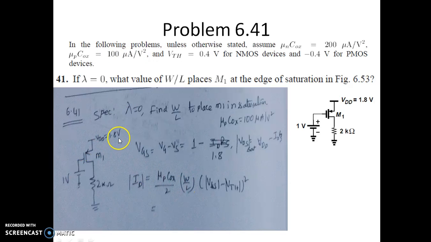Since the hint given is that the MOSFET should operate at the verge of saturation region, and magnitude of VGS is 0.8 and the threshold voltage magnitude is 0.4 volts, the VDS sat happens to be 400 millivolts, meaning that between drain and the source we are supposed to have 400 millivolts.